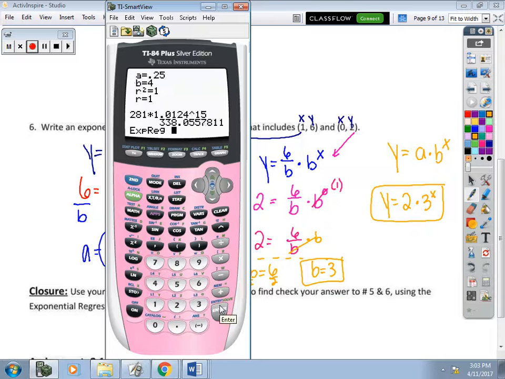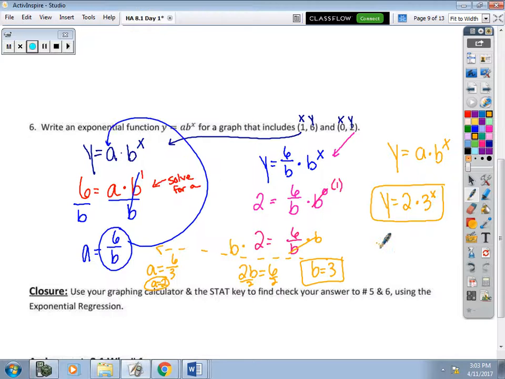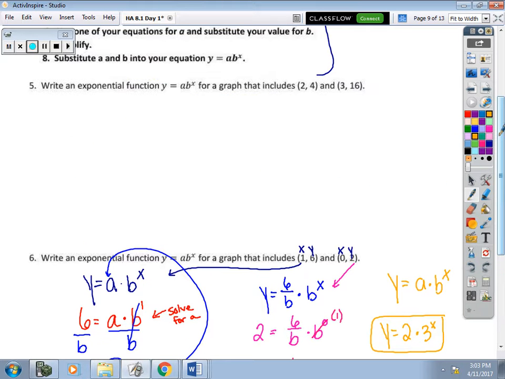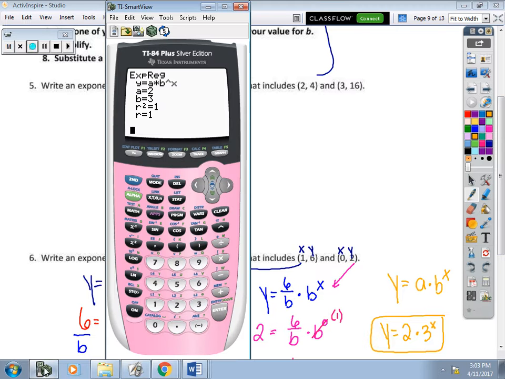We're going to hit enter one time. It brings me back to my main screen. I'm going to hit enter again for it to run the program. And you can see A is 2, B is 3. That checks.